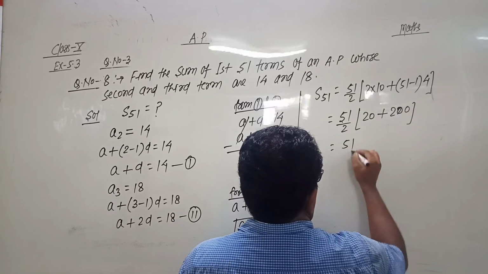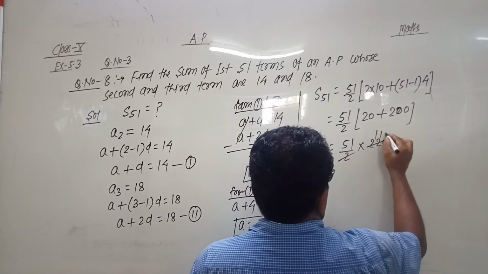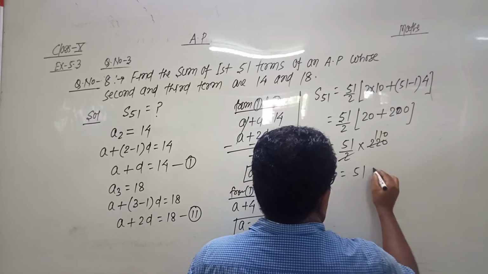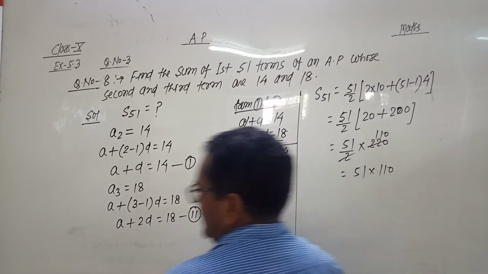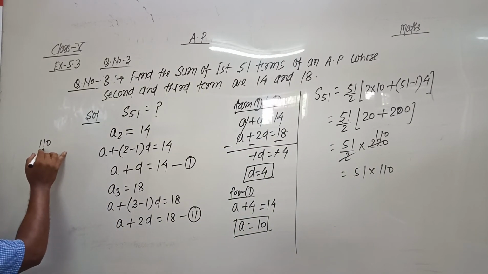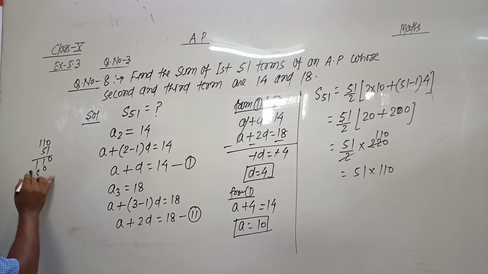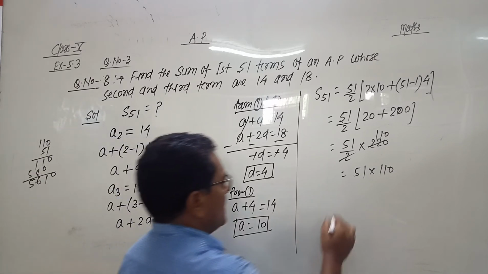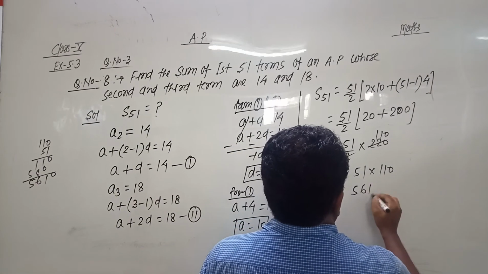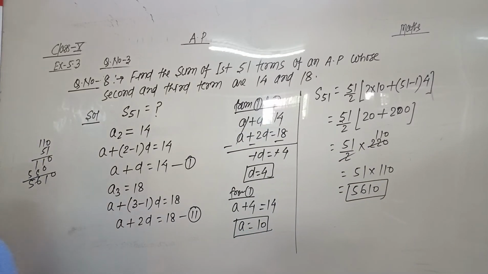So 51 by 2 into 220 goes by 110. So 51 into 110 comes to 5610. So the sum is 5610.